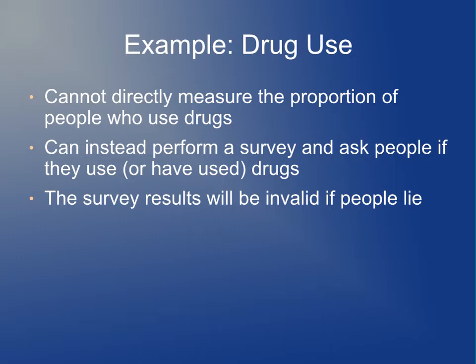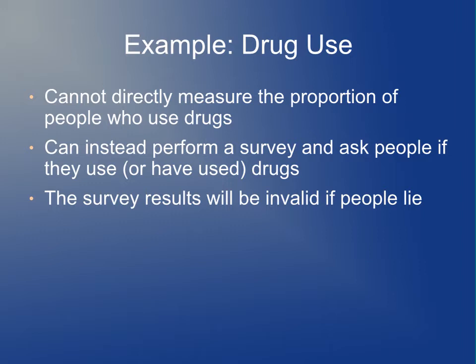A classical example of this is surveys about drug use. You can't directly observe the proportion of people who use drugs, so instead you just have to do a survey and ask people if they use drugs. And these results will obviously be invalid if people lie, and there's some research indicating that people do lie on surveys about sensitive topics like drug use.